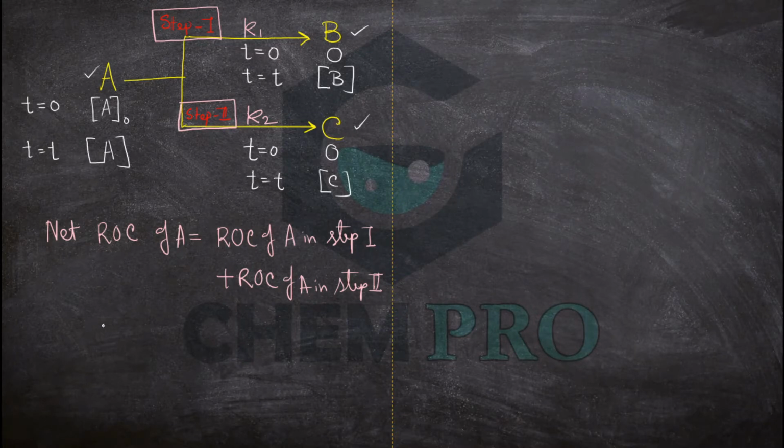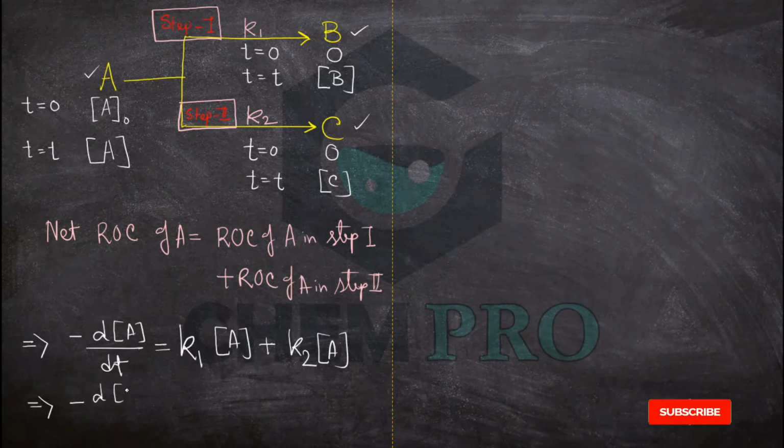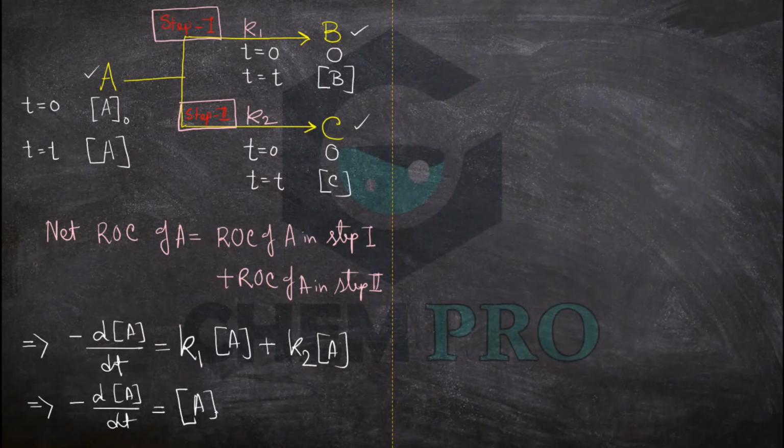From this we can write that the rate of consumption of A, that is minus dA over dt, equals K1A plus K2A. Taking A common, minus dA over dt equals A times (K1 plus K2).